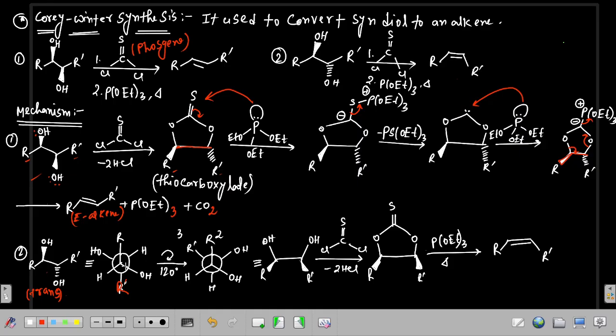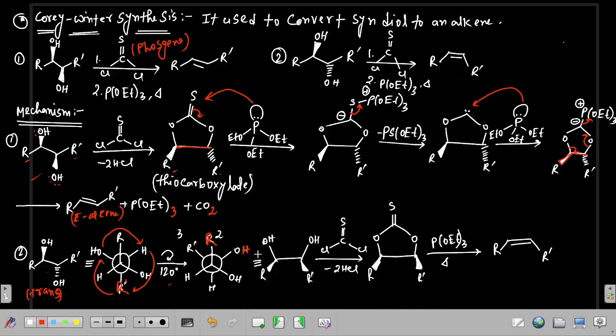Now we need to do a 120-degree clockwise rotation. So this hydrogen will come here, this R dash will come here, and this hydroxyl group will come here. So it will form this configuration.